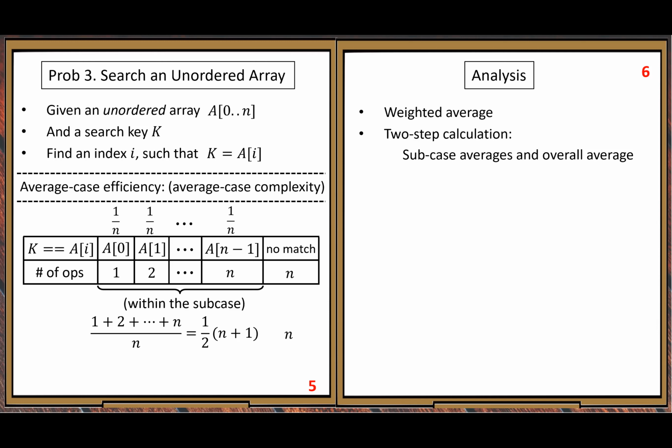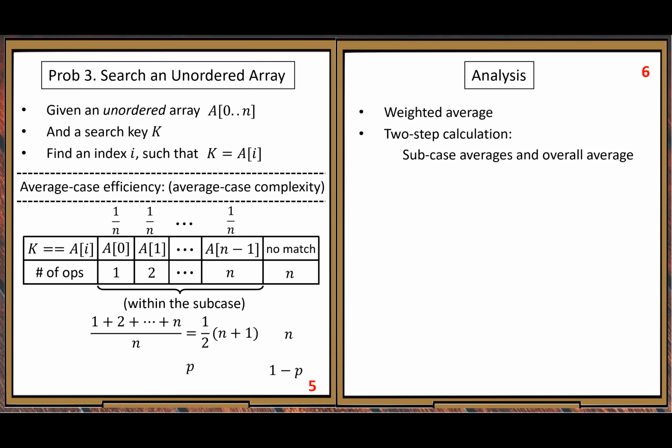Only one number. But for the first subcase, probability is P. The second subcase, the probability is 1 minus P. Now that's the weight. First subcase, the weight is P. Second subcase, the weight is 1 minus P.